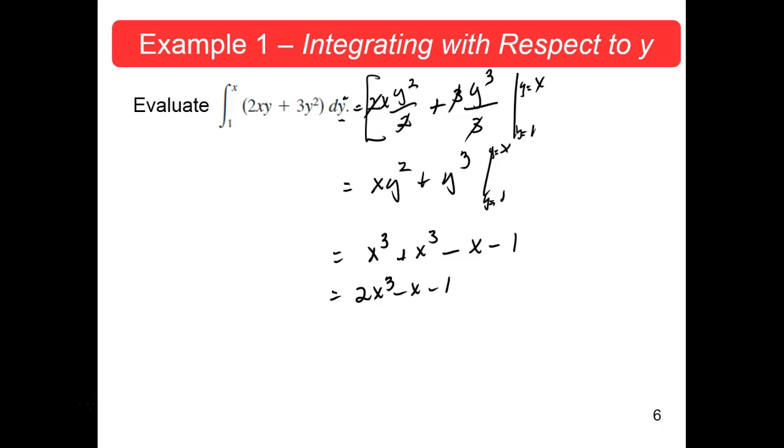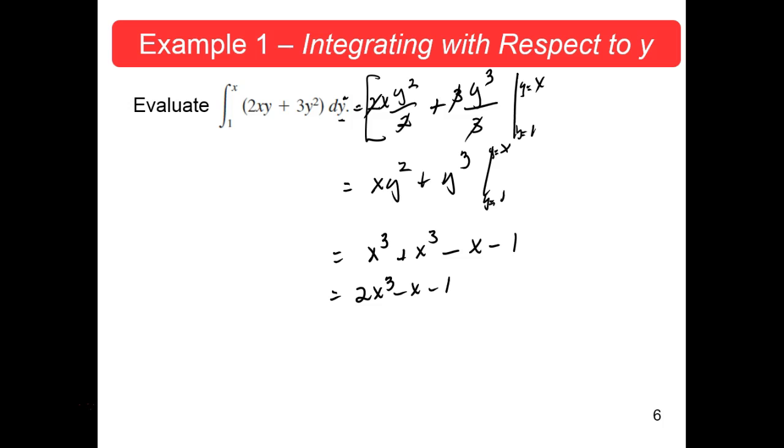You're integrating with respect to y, so x is just a constant. This would be 2x, that's a constant. Integral of y is y squared over 2, right? And 3 is just a constant. And integral of y squared is y cubed over 3. It just happens that the 2 and 3 in the denominators cancel, so that gives you that.